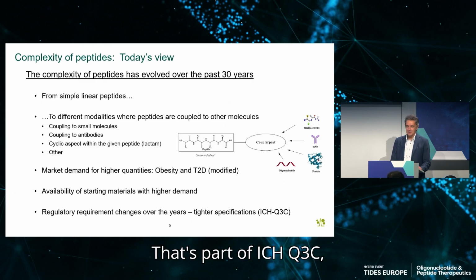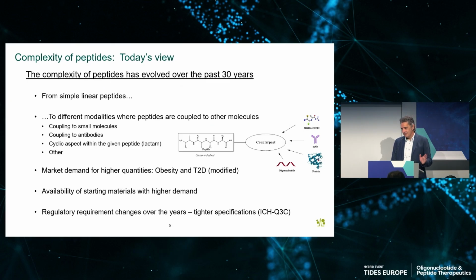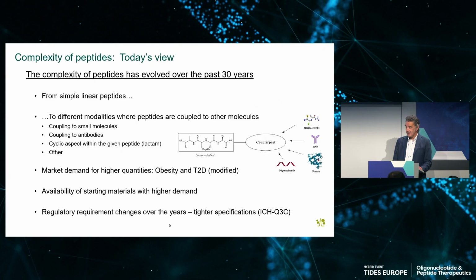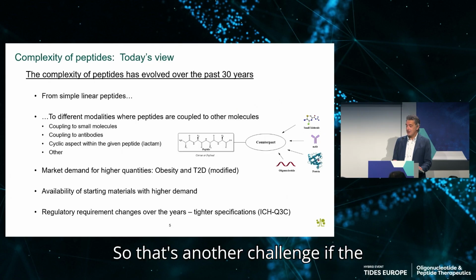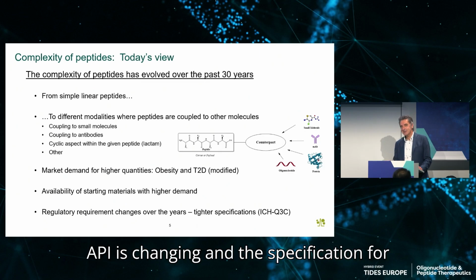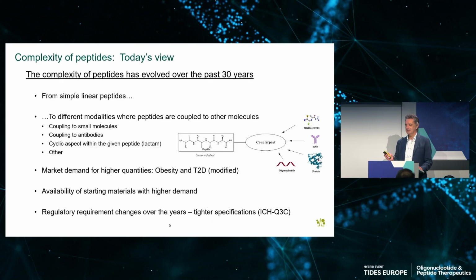That's part of ICH Q3C, if you're interested to look at it in more detail. So that's another challenge. If the specifications for the API are changing, then the specification for the raw materials are going to change as well.